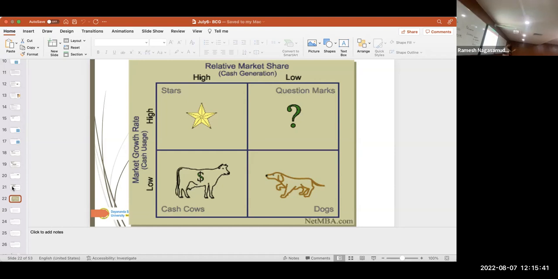Would you want to enter? Is Ola a new company? When a new company enters, which market is it? Question mark or this? You still believe a lot of people are switching over to Ola and Uber, so there's a possibility for another new player to enter.